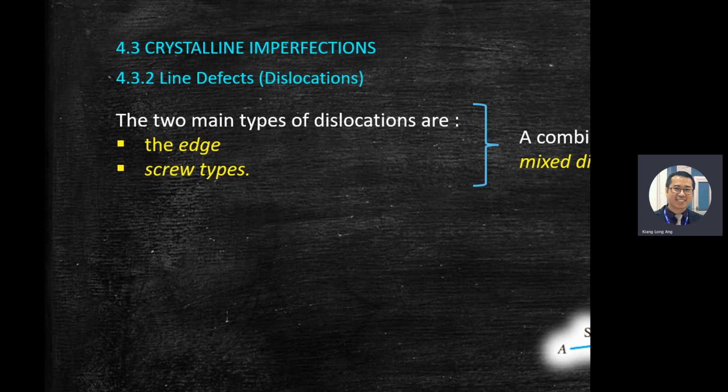When there's an earthquake, it goes inside the screen here. So this is a screw, and the Burgers vector is parallel to your screw axis. It must be parallel. This one is perpendicular. Okay, so this is how you identify it.